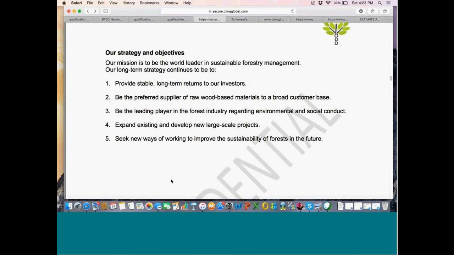Expand existing and develop new large-scale projects. So definitely, we're talking about requiring quite a bit of funding to invest in these projects, right? Then we will look at the risks involved as well when we invest in these projects. New ways of working improve the sustainability of forests in the future. So certainly, we are looking at new ways of working.